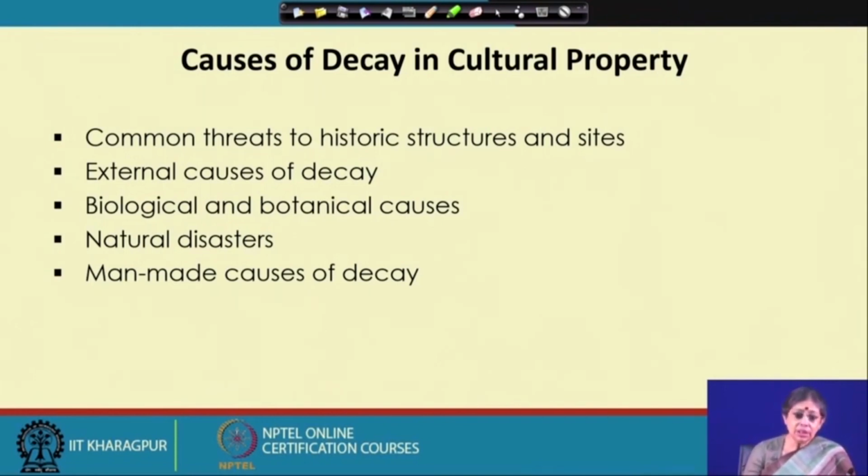There may be various reasons, there may be biological or botanical causes, there may be natural disasters, flood, earthquake, various types, there may be fire also, and there may be man-made causes of decay, like tourism.